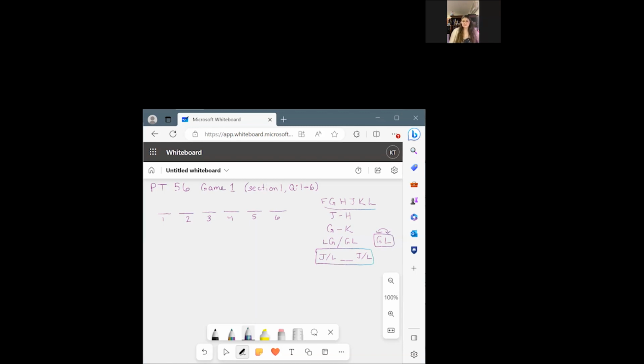So now I think it's time for deductions. What are some deductions that we can make? I see a deduction between the second rule and the third rule. I did GL-K or LG-K. Yeah, so I'm going to erase this so I can write it right next to it.